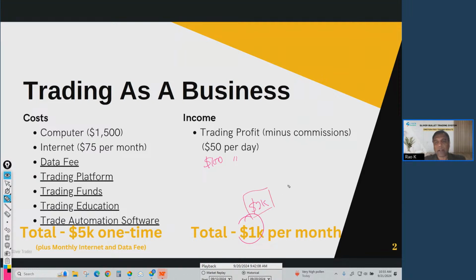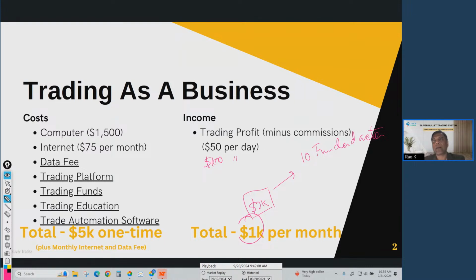And if I have scaled the business to 10 funded accounts, which will not happen overnight or in a month or in a quarter, it will take several months. You have to scale one after the other.